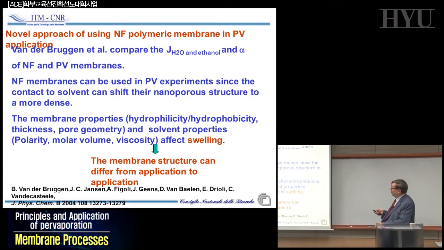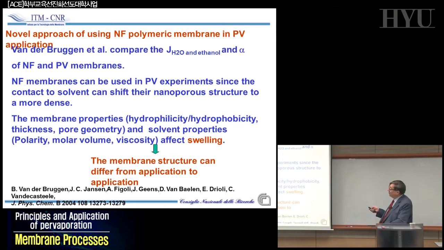However, it's coming out that if you take some of the nanofiltration membranes, eventually not the best ones, not interesting for nanofiltration, and you try to utilize them in a pervaporation mode, that means trying to separate different solvents, etc., they work nicely.